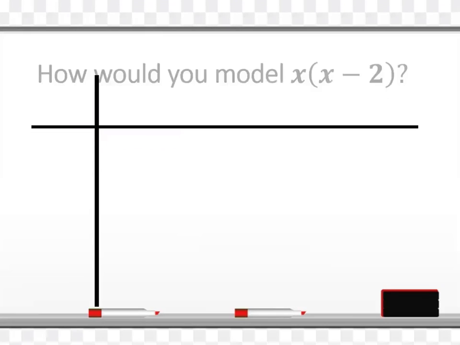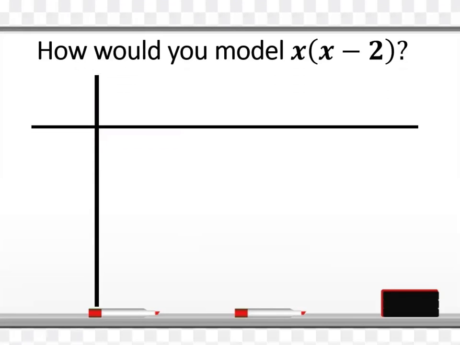Here's another example. Now, in this case, we will use an algebra tile mat to assist us in arranging the tiles because our multiplier is no longer a numerical value. So this time around, we want to model x times x minus 2.